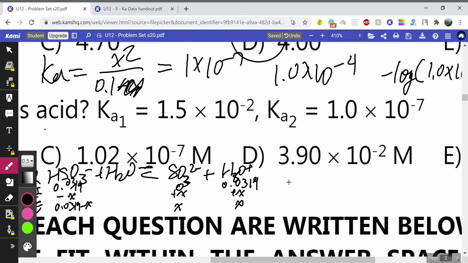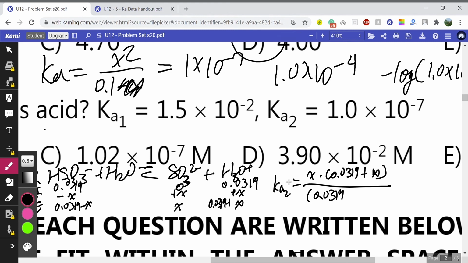So our final formula for Ka2 is equal to x times 0.0319 plus x at equilibrium, divided by 0.0319 minus x, which is our product divided by our reactant.